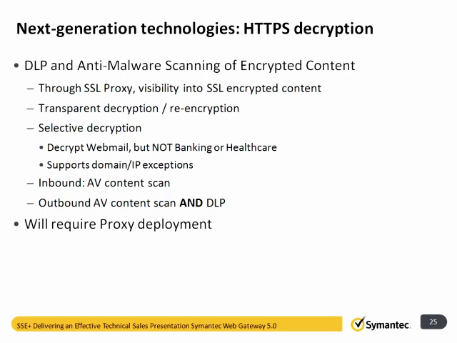For performance purposes, customers can also selectively choose the types of secure sites where they want to scan SSL content. For example, they can choose to decrypt webmail traffic, but not banking or healthcare traffic. And again, just to call out once more, if you do want to do HTTPS decryption, this does require a proxy deployment.